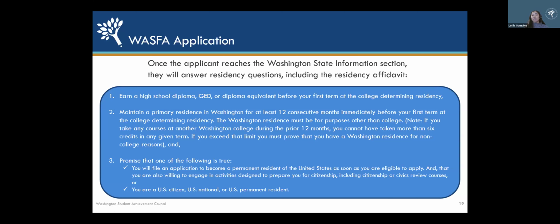Two, that they will maintain a primary residence in Washington for at least 12 consecutive months before their first term at the college. And three, that they're promising that either they are a US citizen, national, or permanent resident, or that they will file an application to become a permanent resident of the US as soon as they're eligible to.